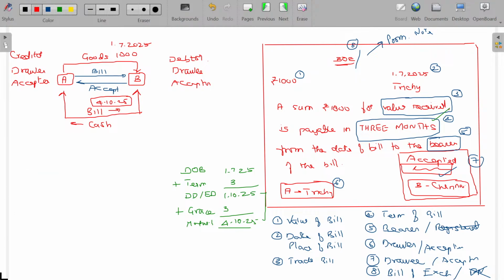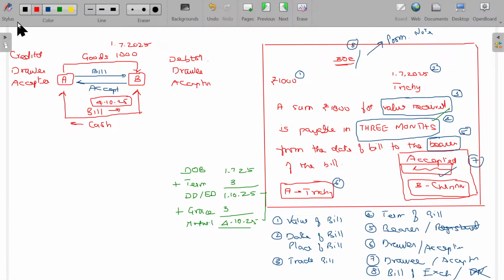So A sells the goods, and for any amount recoverable from B, A drafts a bill and sends it to B, making B accept the bill and get it signed, and he keeps it in his own documents. On maturity date, he sends the bill to B and gets the cash for that. This is the bill of exchange and its mode of collection.